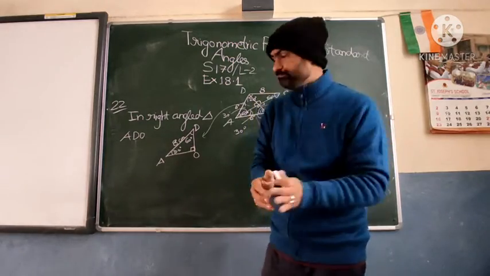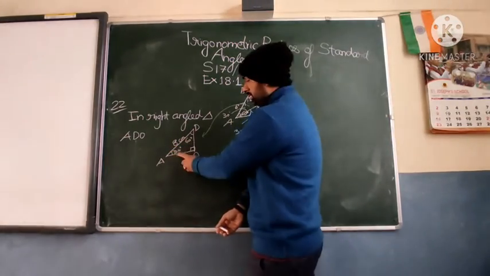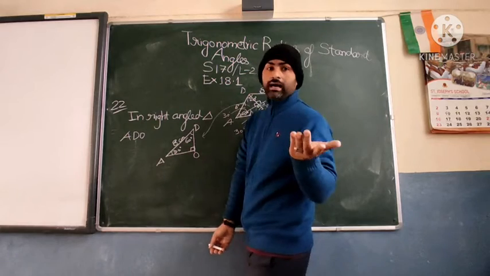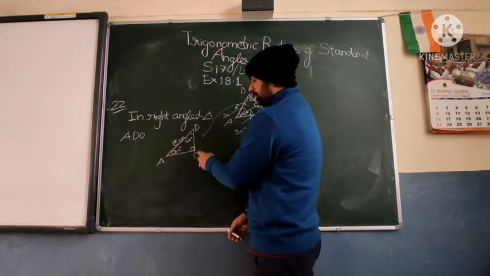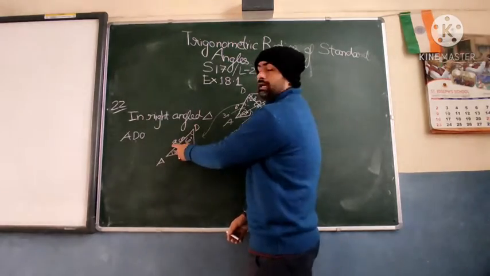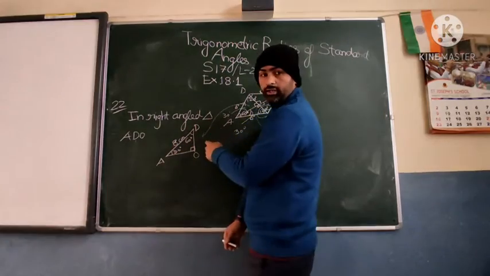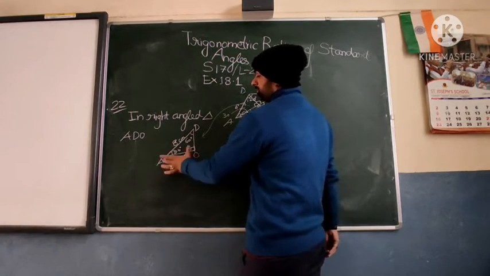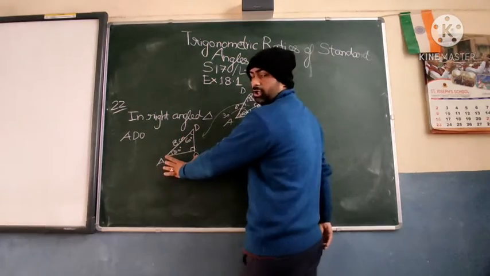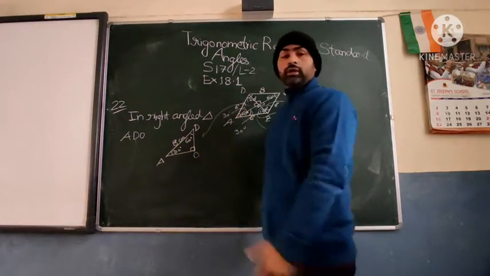Let me explain again. Hypotenuse is known. Sin 30 you do. Sin 30 is half. Sin 30 is perpendicular, that means OD or DO upon hypotenuse. So with that you will get OD, and then you do cos theta. That means cos 30 is base upon hypotenuse. So the cos 30 value you are knowing, hypotenuse you are knowing, you get AO.